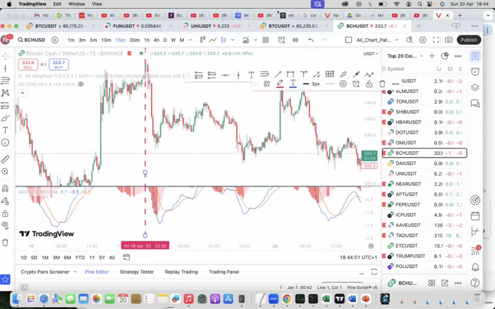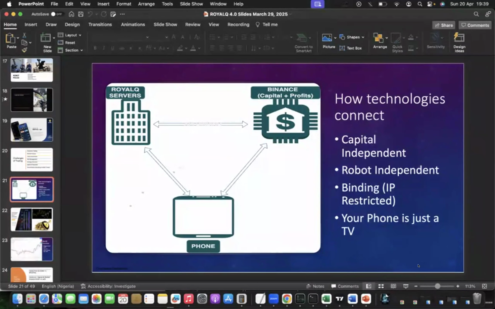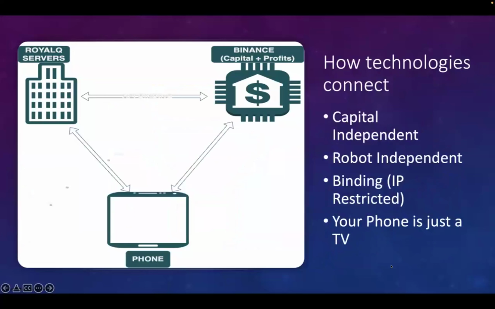But in RoyalQ, here is the difference. RoyalQ is not crypto. The only business that RoyalQ has to do with crypto is that they design a trading bot, an artificial intelligence trading bot that enables people to trade in the crypto market directly from their exchange.